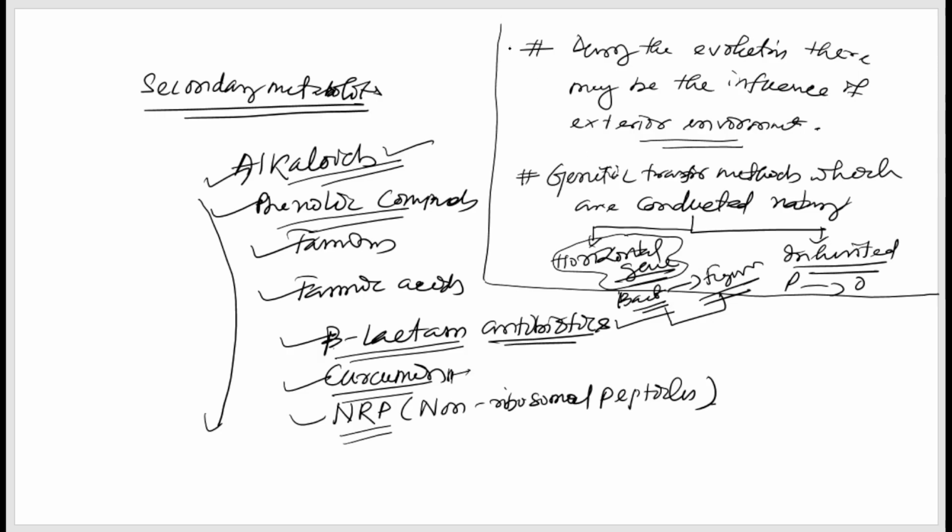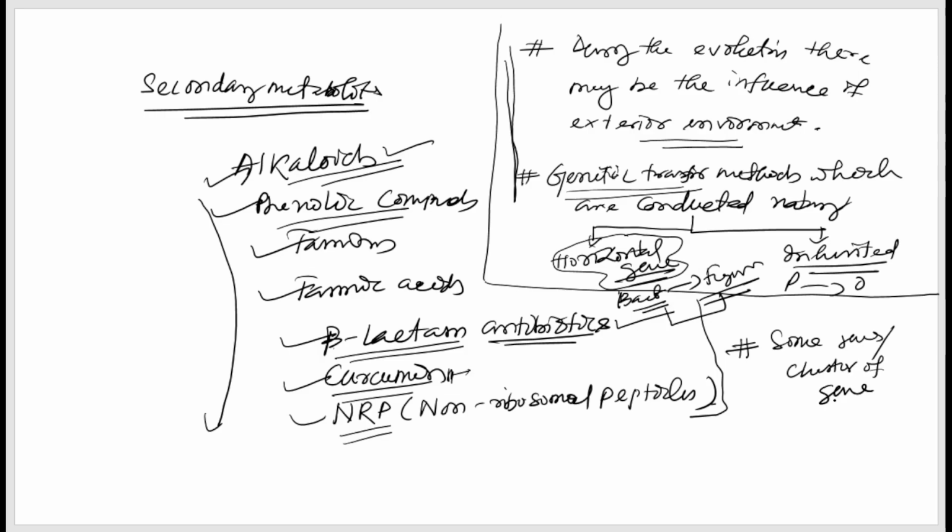So these are the hypotheses drawn for why living systems have secondary or primary metabolites. And another thing, if you consider the genetic level, there are clusters of genes.